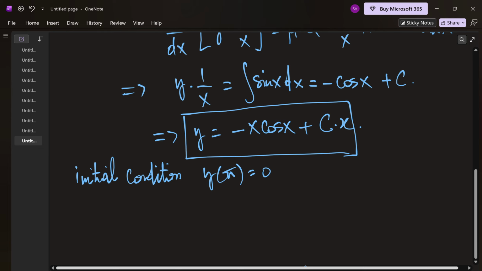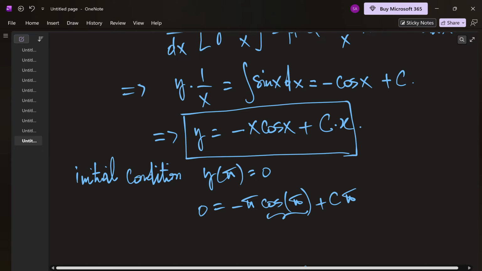So you substitute, you have 0 is equal to minus pi cos pi plus c pi. So cos pi is minus 1, so you will have 0 equals pi plus c pi, which implies that c is equal to minus 1.